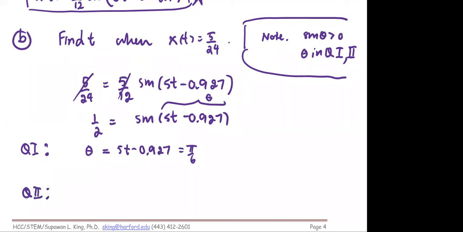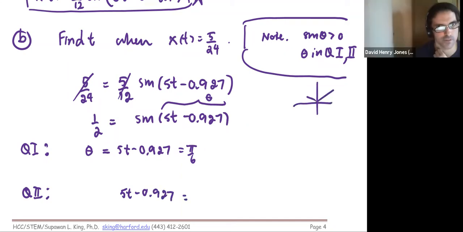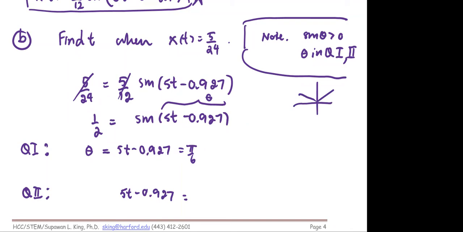For quadrant 2, angle theta, 5t minus 0.927 equals 5 pi over 6, because it's from pi minus pi over 6, which is 5 pi over 6. So we have two sets of solutions.